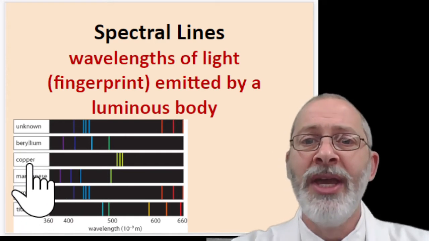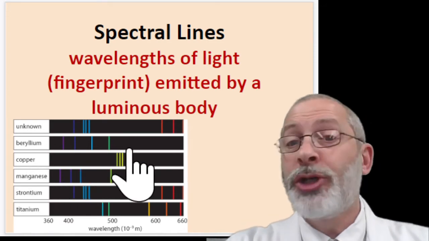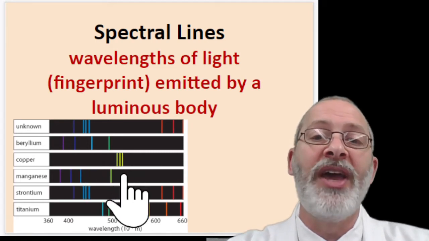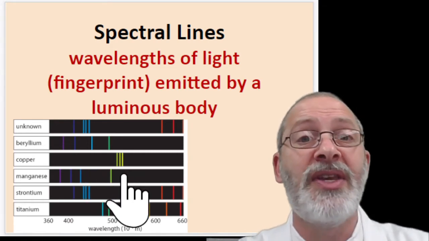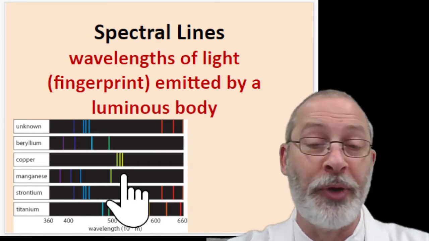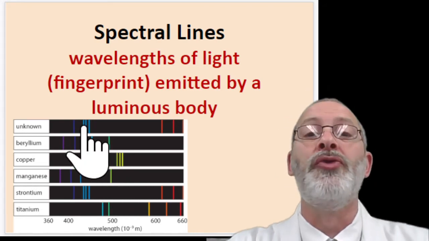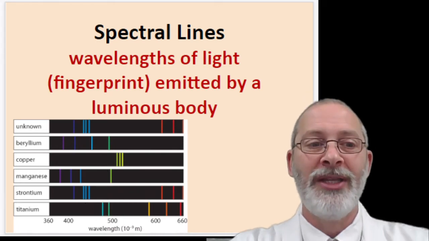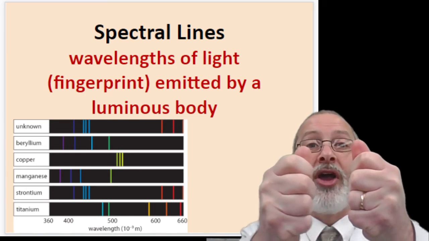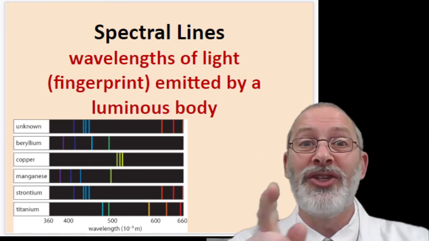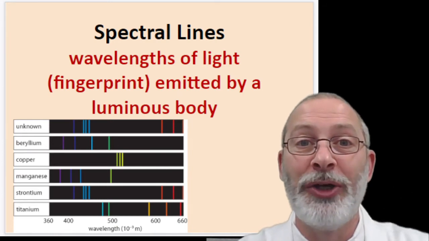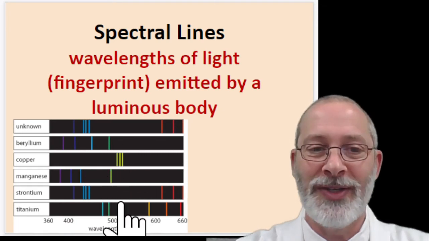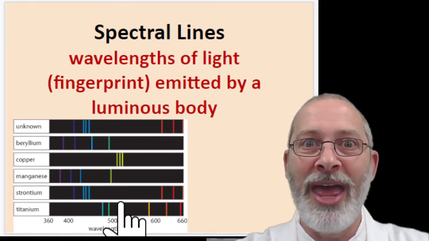The elements have the spectrum of light spread out so that you can see only the very specific wavelengths of light, the fingerprint, if you will, of that element revealed. And this is what our lab tomorrow is going to enable us to do. It's going to enable us to spread out the visible light so that we can see individual color bands, so that we can identify the fingerprint of an unknown element.